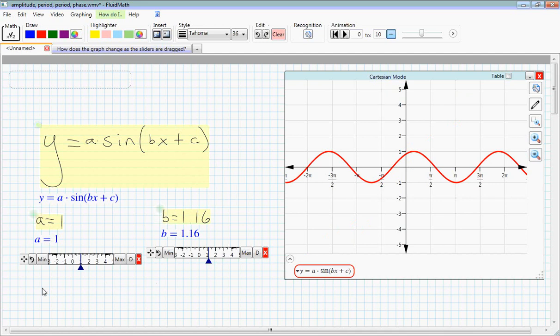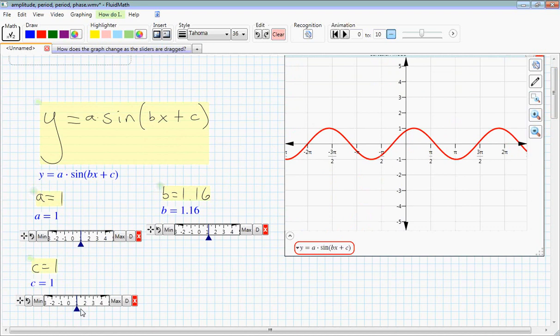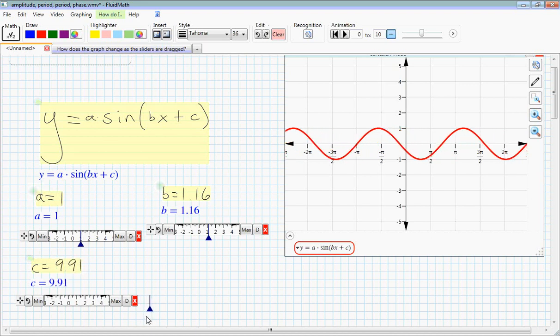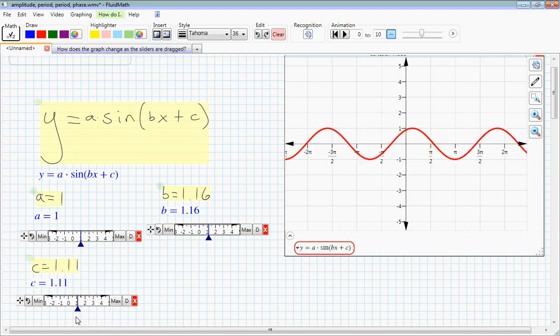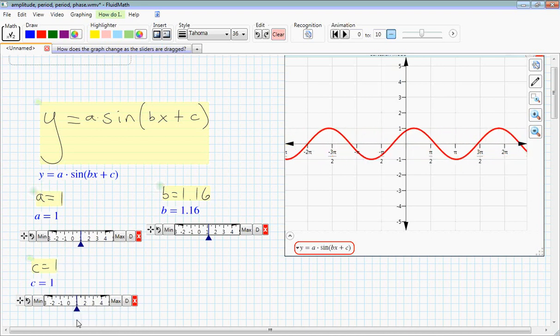And let's assign c a value. Okay, c equals 1. I'm just going to start stretching this, and again, we've seen this before. Now we're shifting the sine curve left and right. This is called the phase.